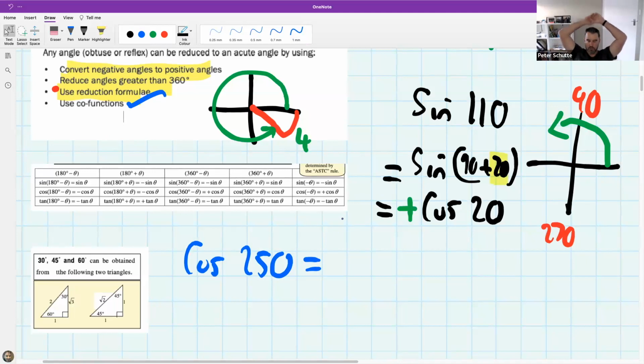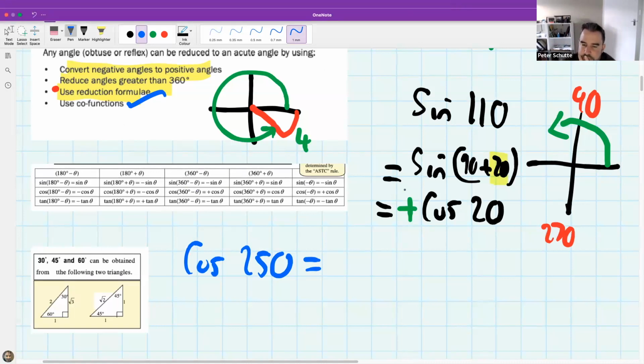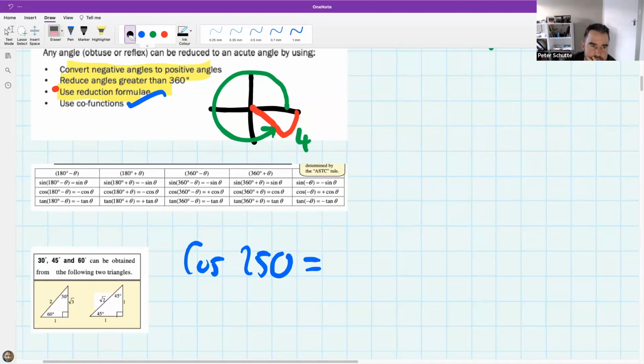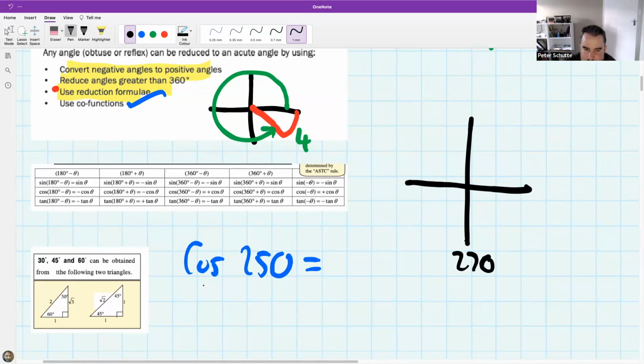What does the cos of 250 reduce to if you are using the nearest vertical axis? So I think the nearest one is 270.